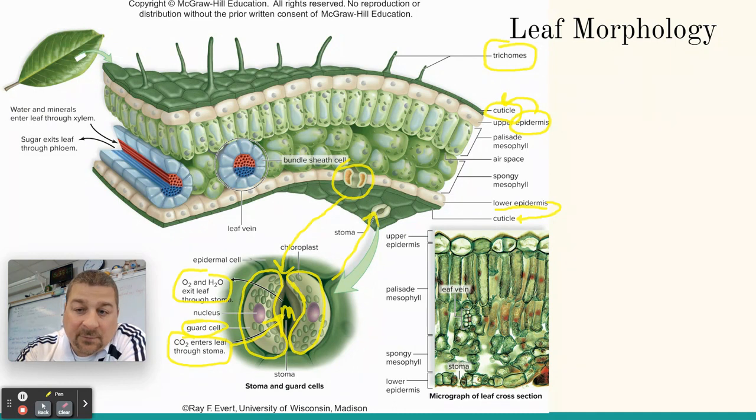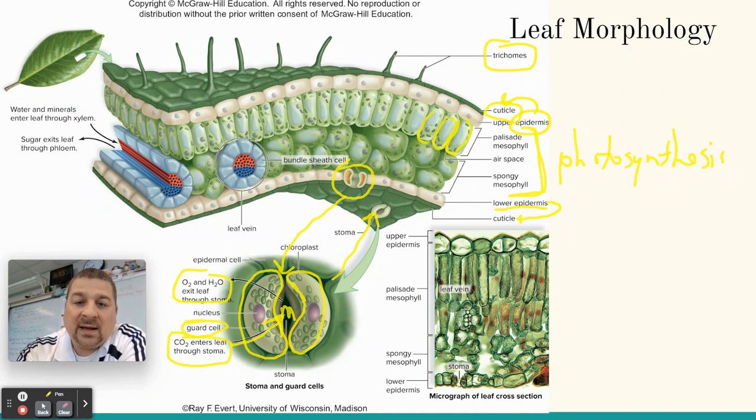Inside the leaf itself, we have the mesophyll, which is basically ground tissue. This is where most of our photosynthesis is going to happen. You notice that it's also divided into the palisade and spongy mesophyll. Okay, the palisade layer, they are lined up nice and tight.